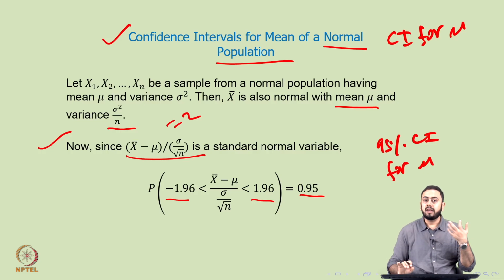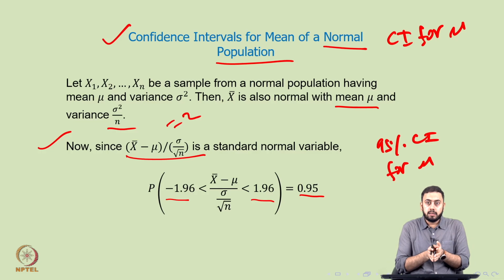Or rather, a more correct way to put it is that if you simulate 100 such samples, then roughly 95 of them should contain, that interval should contain the actual mu. This is the significance of a 95% CI.